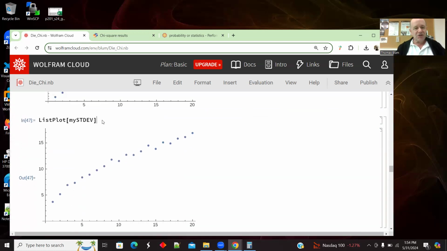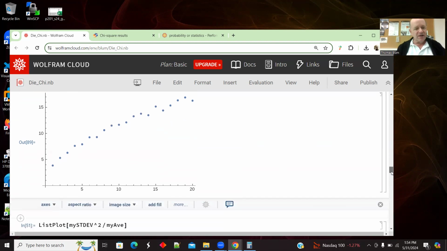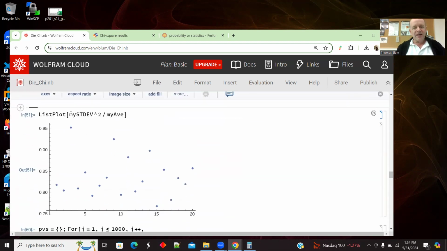The standard deviation, the measure of spread, now that might be a little harder to see, but that is more square rooty, and I didn't go through the full fit it to a power, which I should have, but I have not. But let's instead take the standard deviation, square it, and divide it by the average.